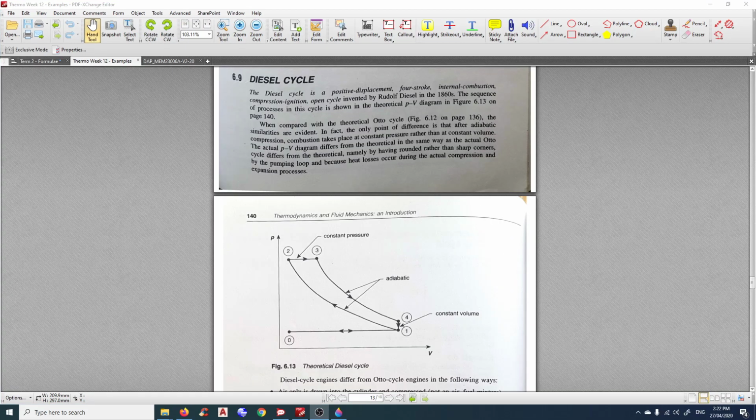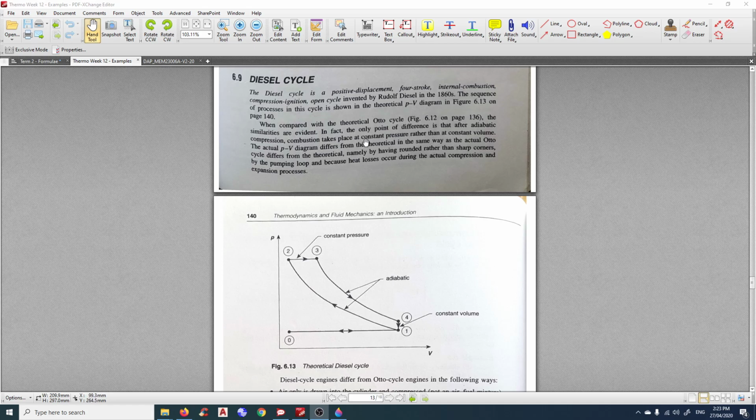The last cycle I would like to discuss today is the diesel cycle. This cycle is also positive displacement, four-stroke internal combustion, and was invented by Rudolf Diesel as far back as the 1890s. There is a bit of similarity between the diesel cycle and the Otto cycle.